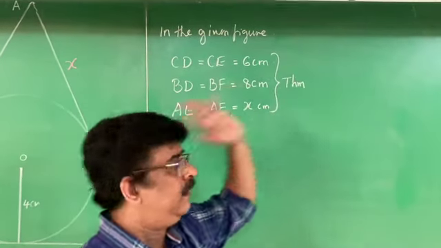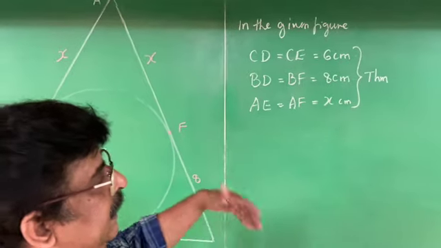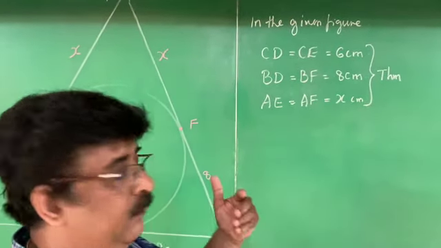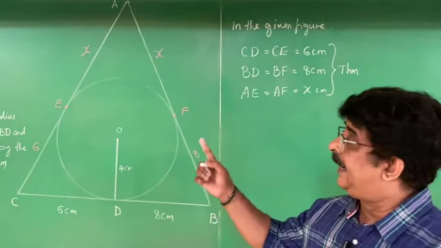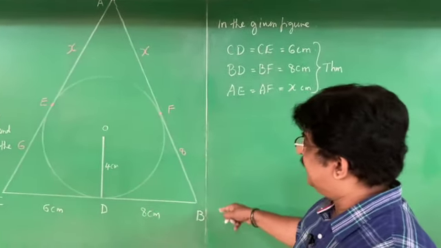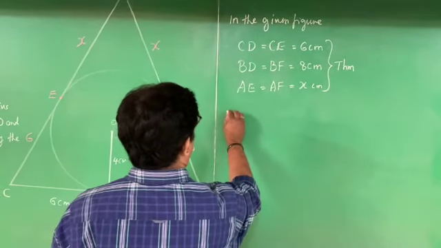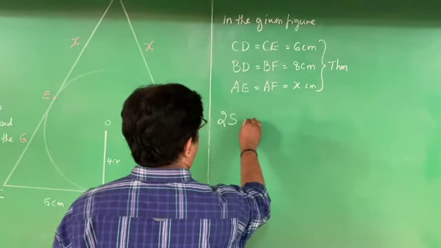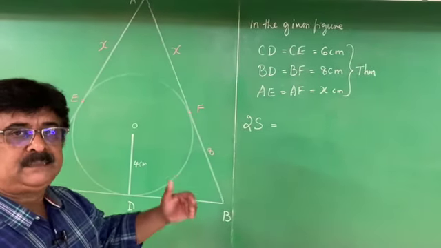Now next is to find the area of a triangle by using Heron's formula. We have to find the semi-perimeter. What is the formula for semi-perimeter? 2s is equal to what? a plus b plus c.